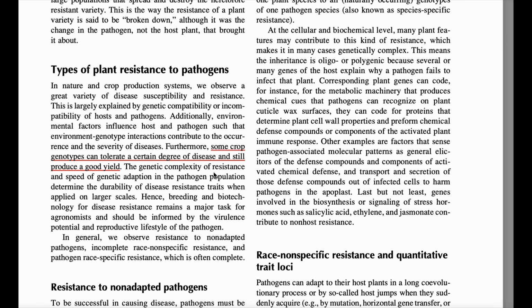The genetic complexity of resistance. One such example I'll give you here, like some crop genotypes can tolerate a certain degree of disease and still produce good yield. One such example which is coming to my mind is citrus canker. It is very harmful, right? But apart from the scenario that it causes citrus canker, it is not a mycotoxin. So even if we see it on the fruits, we can still consume them.